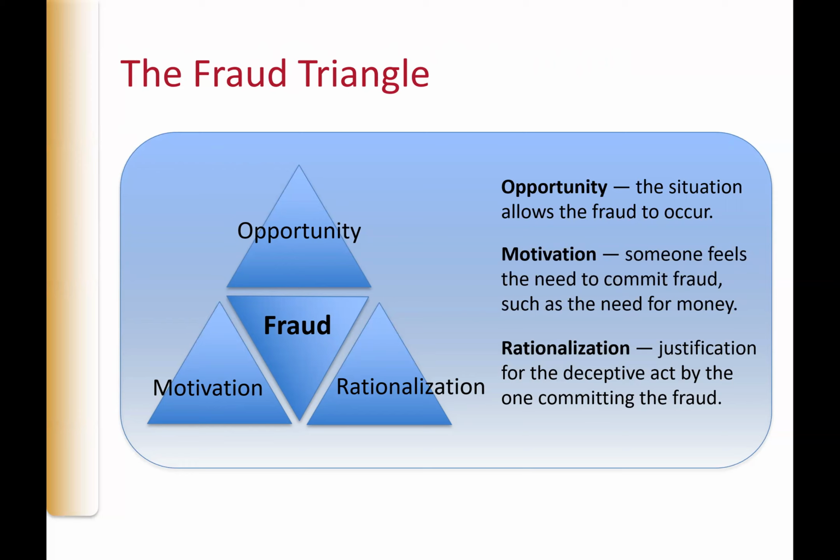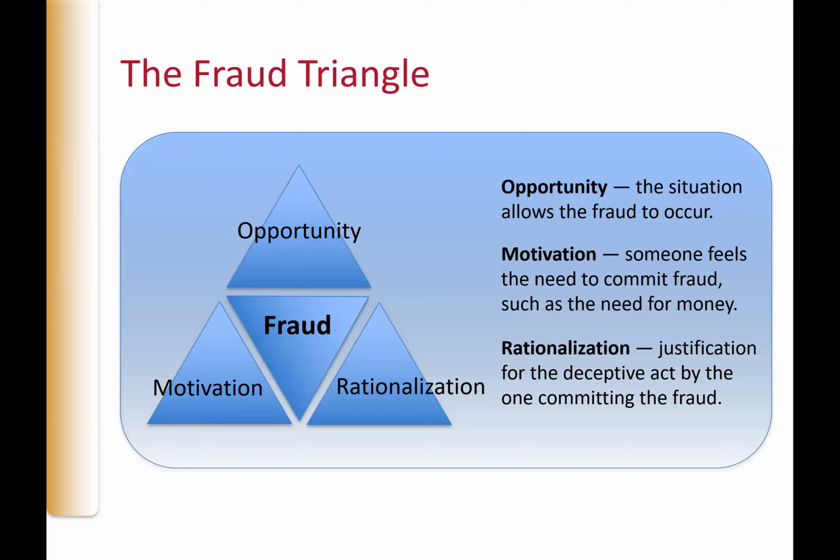The rationalization is the justification for the deceptive act by the one committing the fraud, and the motivation: someone somehow feels the need to commit fraud. They might need money. So the motivation and the rationalization is within that person. You can't fix that. A company can't fix that.